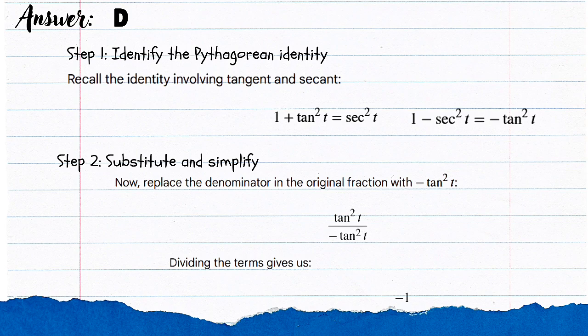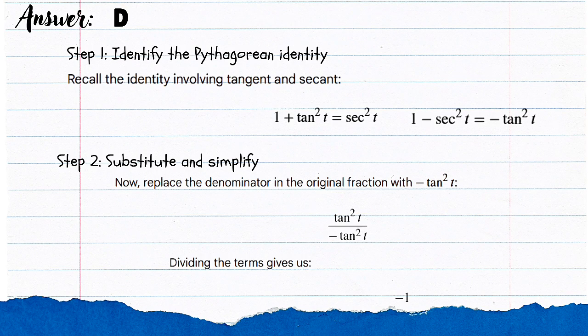Step 1 is to identify the Pythagorean identity. Let's recall the identity involving tangent and secant. 1 plus tangent squared t is equivalent to secant squared t. Since we're looking for the tangent squared t, we can transform this into 1 minus secant squared t equals negative tangent squared t.